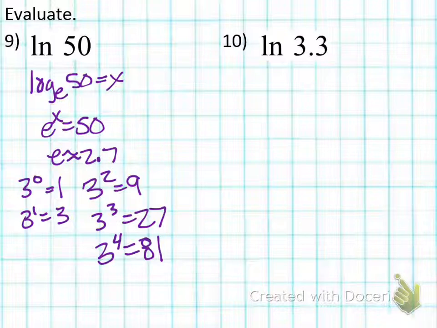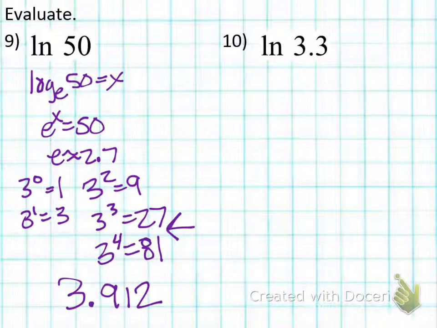I note that 50 is between these two, so my answer should be between 3 and 4. So I'll go and do it on my calculator. Okay, so on the calculator we would get 3.912. So for this problem then, ln of 50 is going to be 3.912. And as we guessed, that's between 3 and 4. So that solution would make sense then.